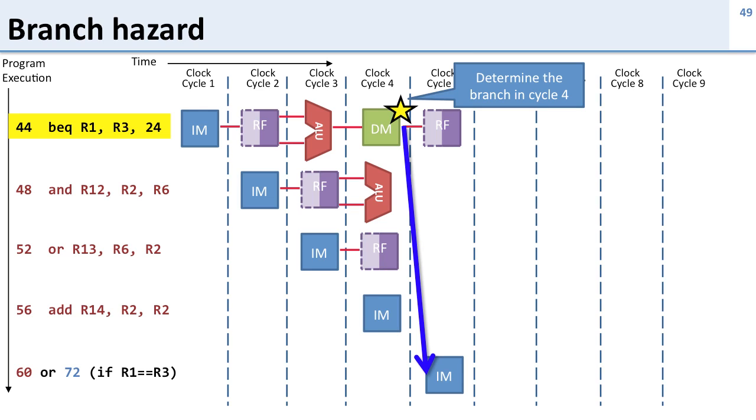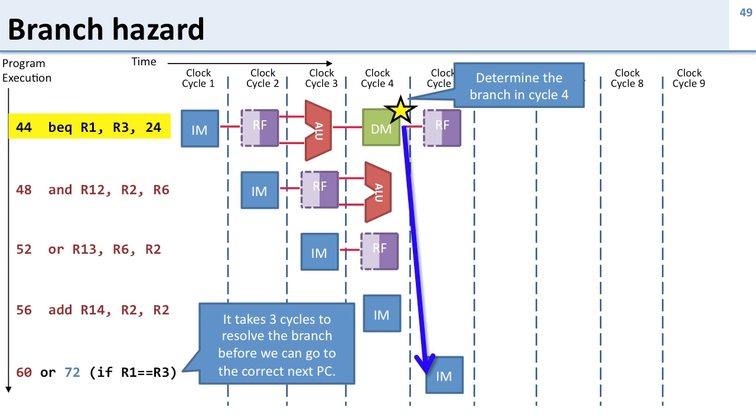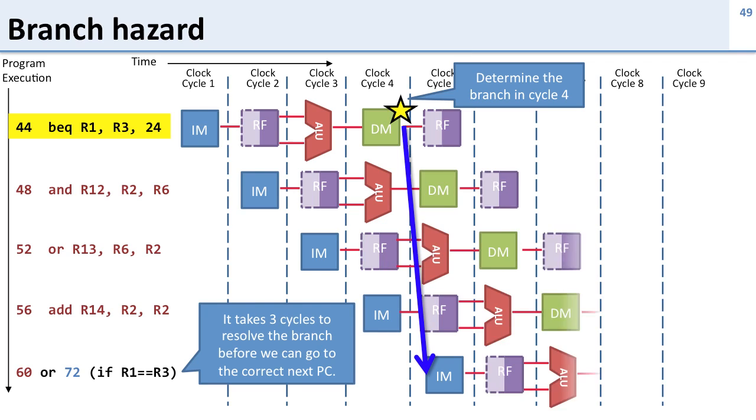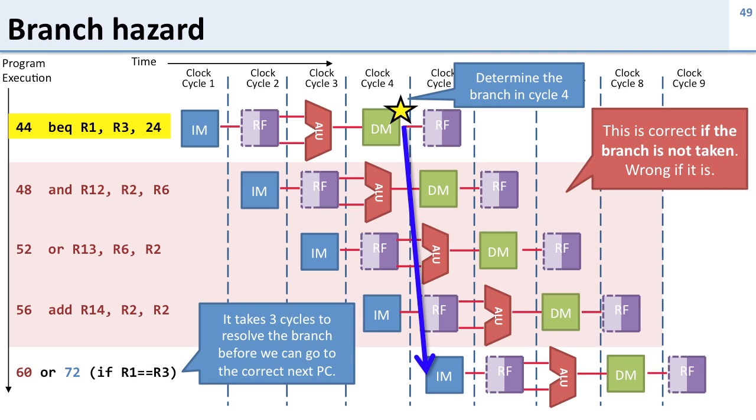So after clock cycle 4, that's when we update the PC and we figure out which instruction to go on to. So in this pipeline, it takes 3 cycles to resolve the branch, 3 cycles before we know the correct next PC, and in those 3 cycles, we're going to go ahead and execute 3 instructions. And these 3 instructions are only correct if the branch is not taken. If the branch is taken, then we've just executed 3 instructions that are wrong, and that's incorrect execution of our program.